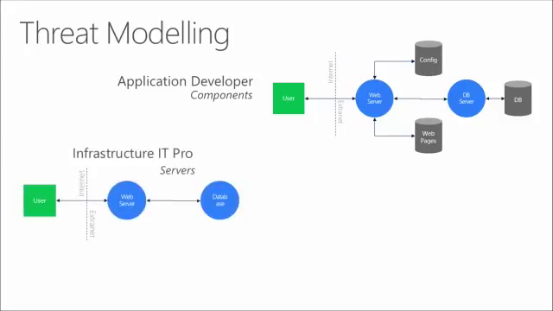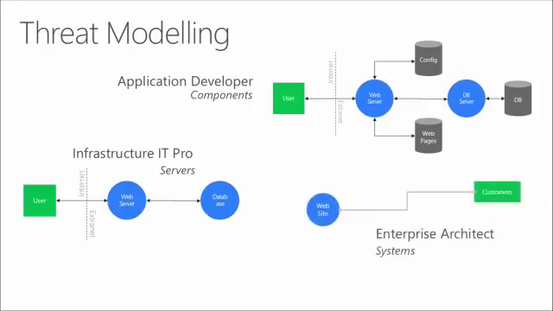And then an infrastructure IT pro really thinks and cares about servers and, of course, the external users. They may or may not care specifically about the web config or have any need to look at that configuration or have influence over that. It's just to him a web server and a database. So he has a little bit different view of it, and he or she.